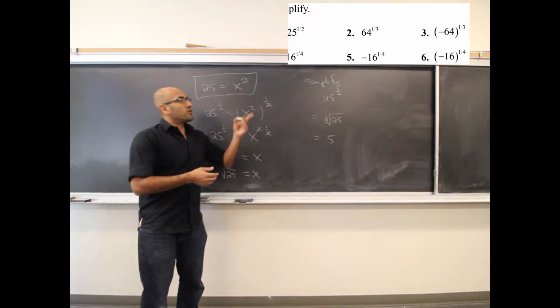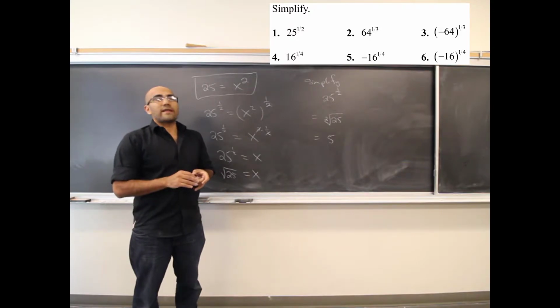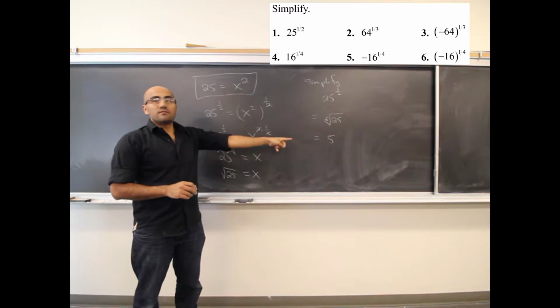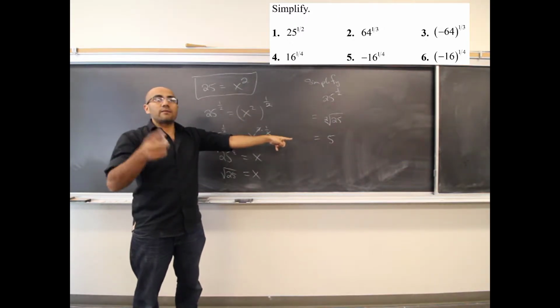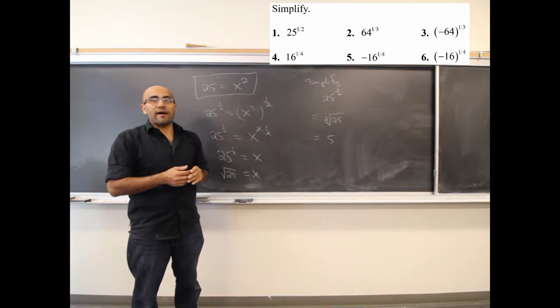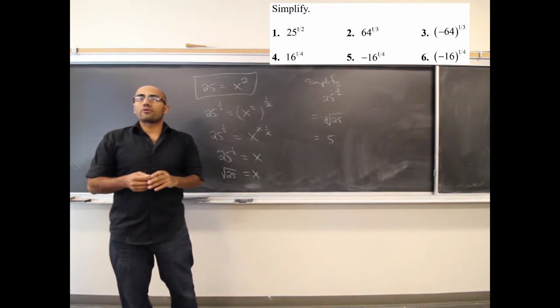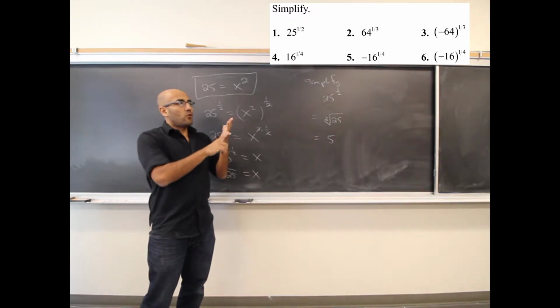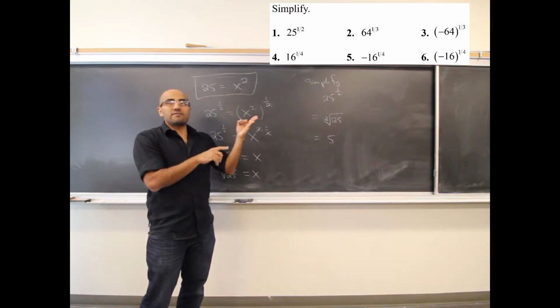Alright, so these are some examples. How about this example, 25 to the 1/2 power? Well, we've been doing that all day long, right? What is it? 5. And we don't think about negative 5, it's just 5, because they just gave us this to simplify. What about 64 to the 1/3 power? 4. 4 times 4 is 16, times 4 is 64.